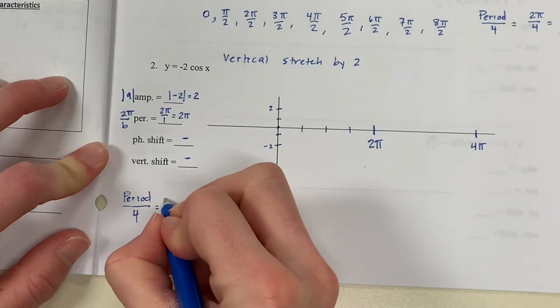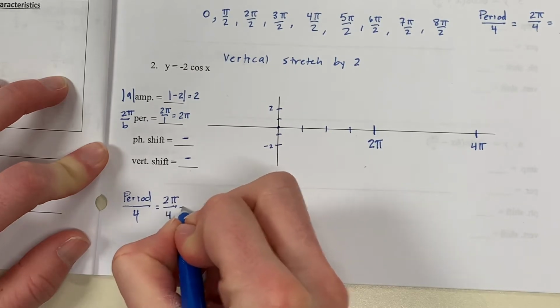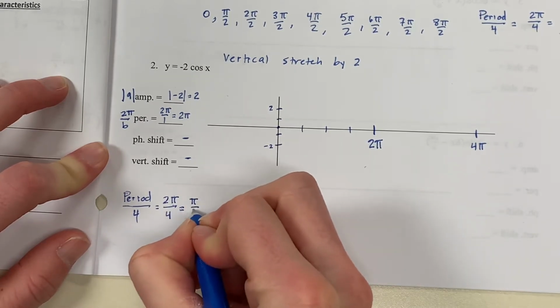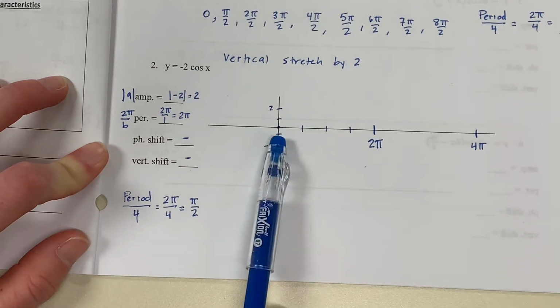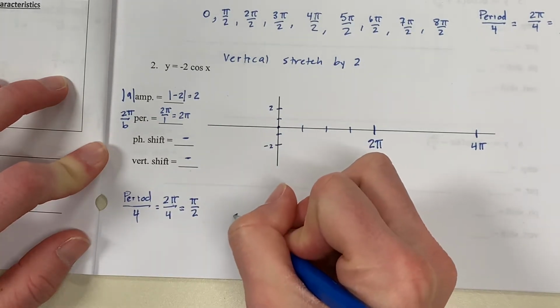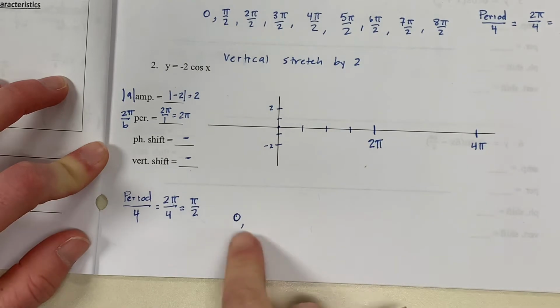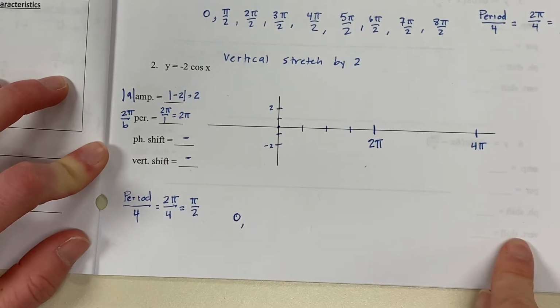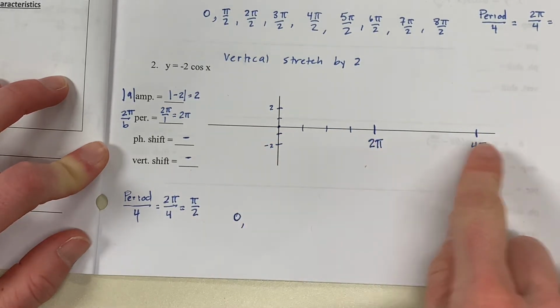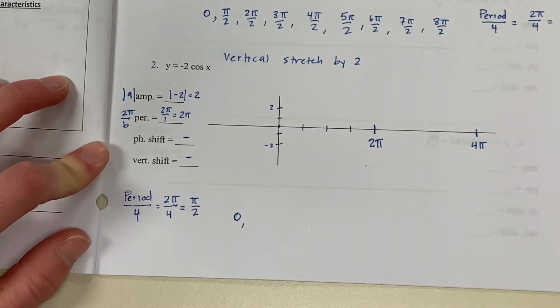My period was 2 pi. 2 pi divided by 4 is pi over 2. So beginning with my first point at 0, I'm going to add pi over 2, 8 times to get the remaining values on the x-axis between the two periods.